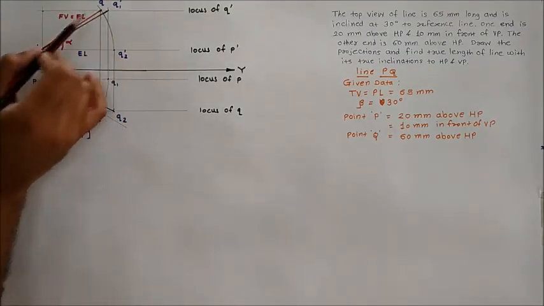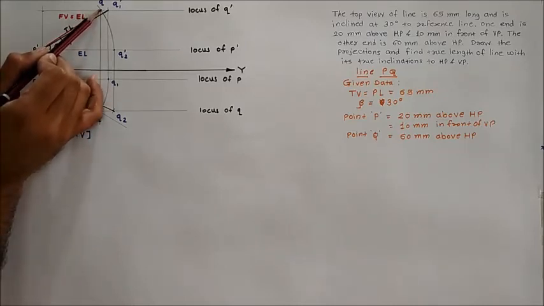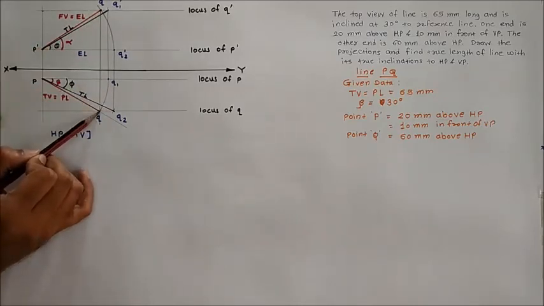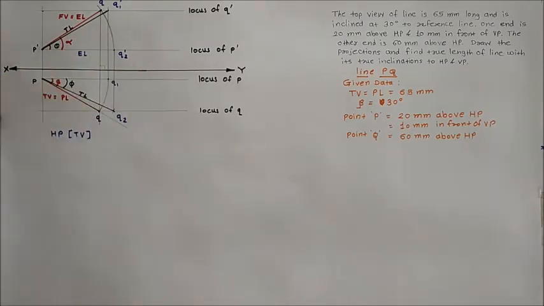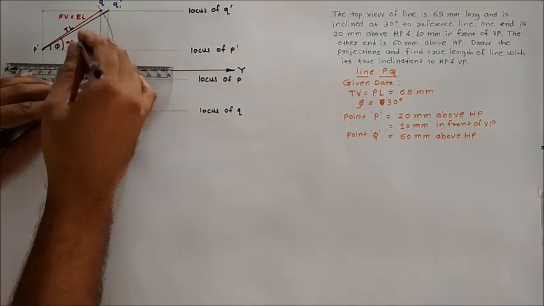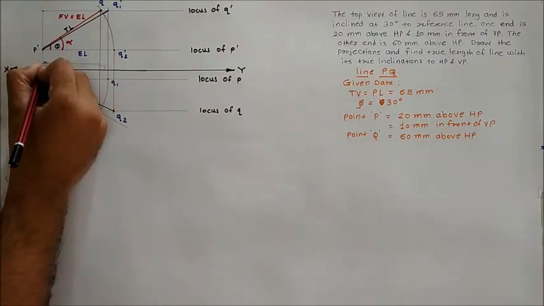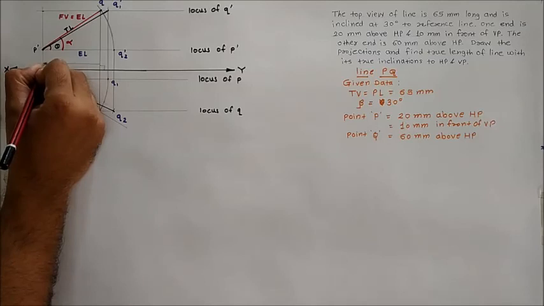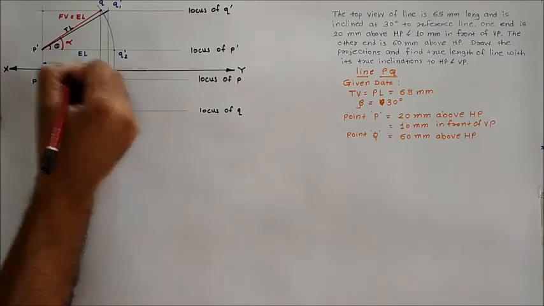So this vertical projection is passing through Q dash and Q, and this line is perpendicular to the XY. So our drawing is correct, and the distance between the end projectors of P and Q is called EPD, that is, end projector distance.